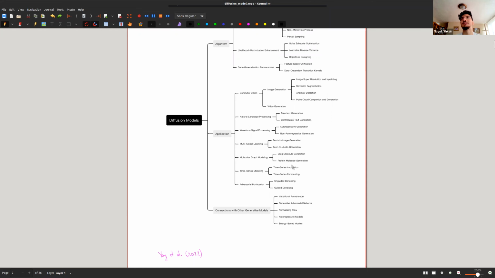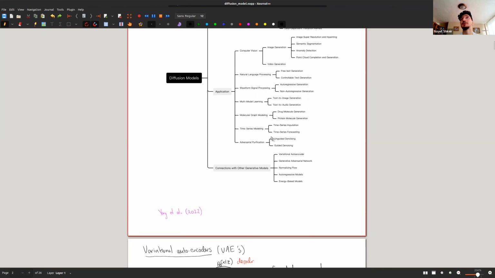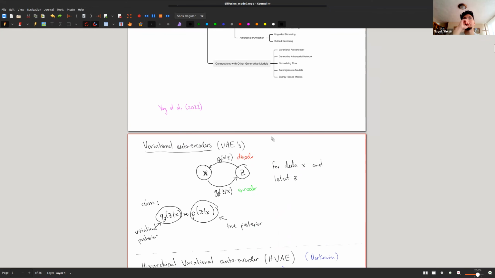So there are loads of different applications. The main competitors with the diffusion models are the VAEs, generative adversarial networks, normalizing flows, and autoregressive models. So there's a huge field of application for these models, which makes them really interesting. They're able to work with so many different types of data.